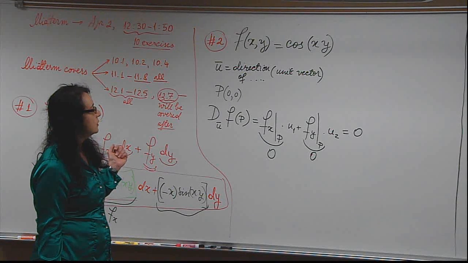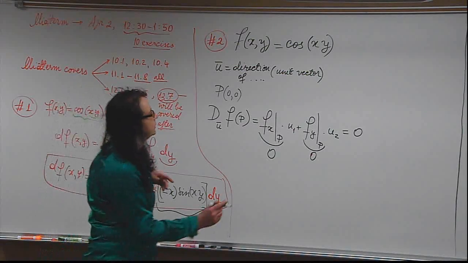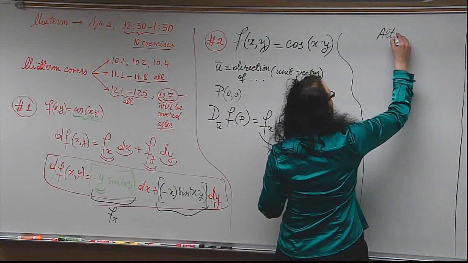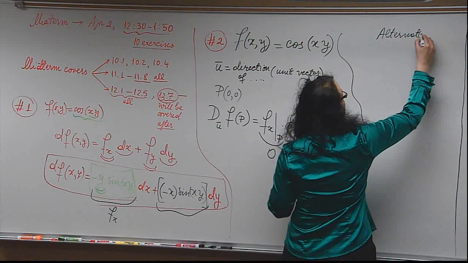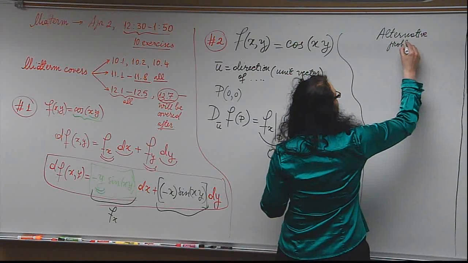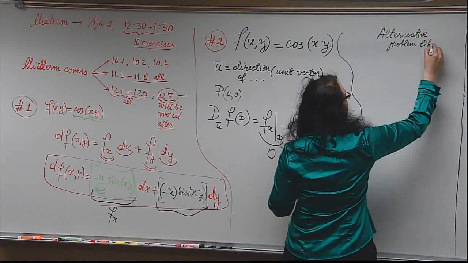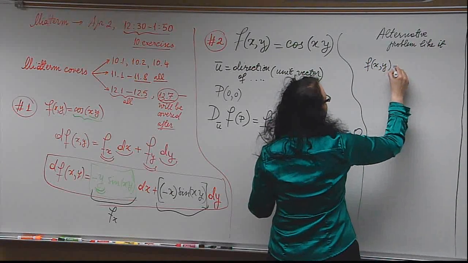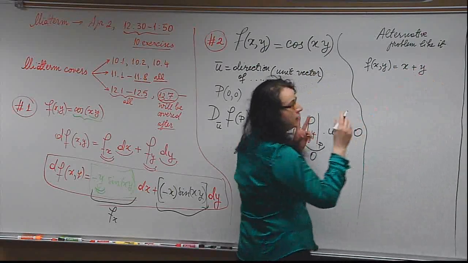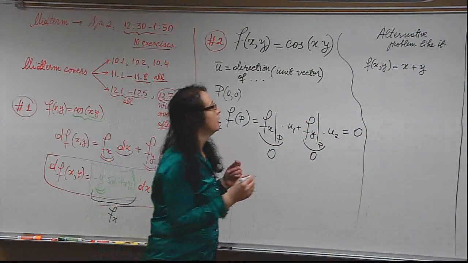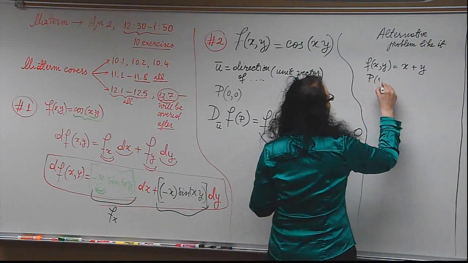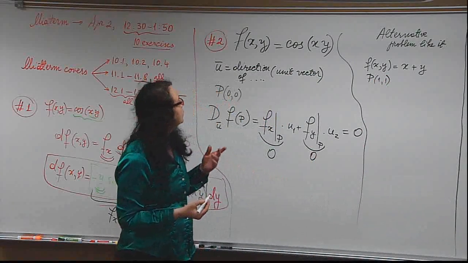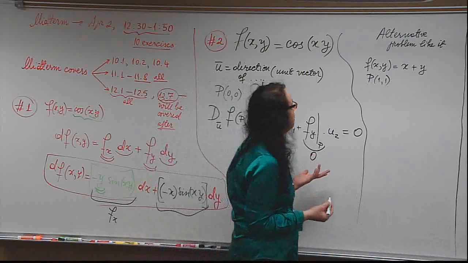Okay, so let's work on an alternative problem like that. I'll pick an easy f of x and y. All of the examples will be easy, numerically, computationally. The point of coordinates 1, 1, and do the same problem for this different data.